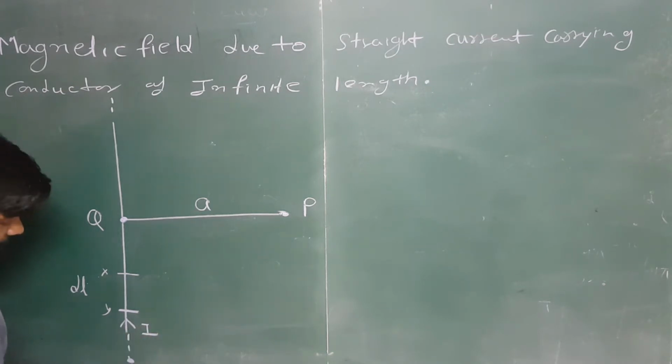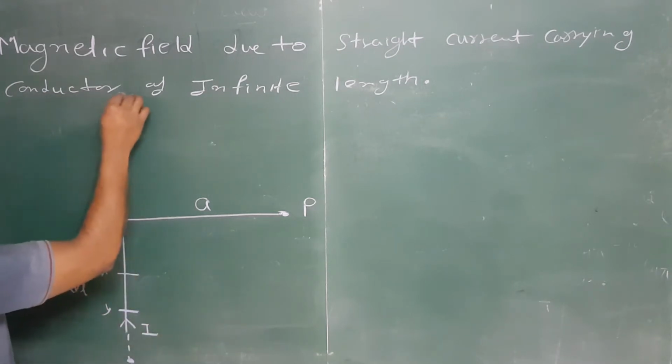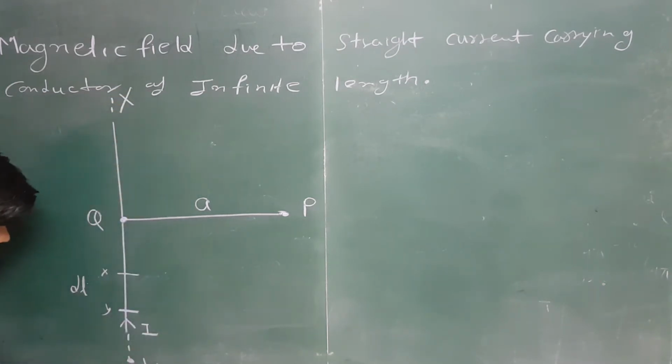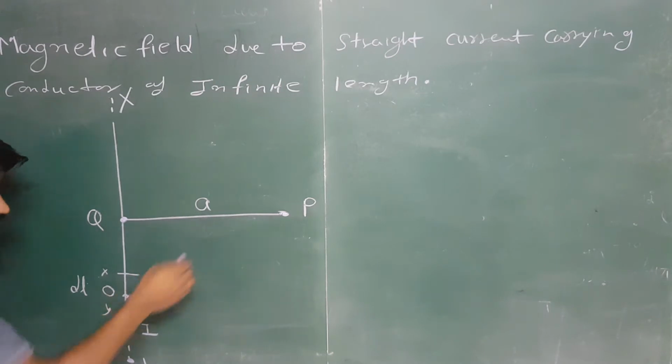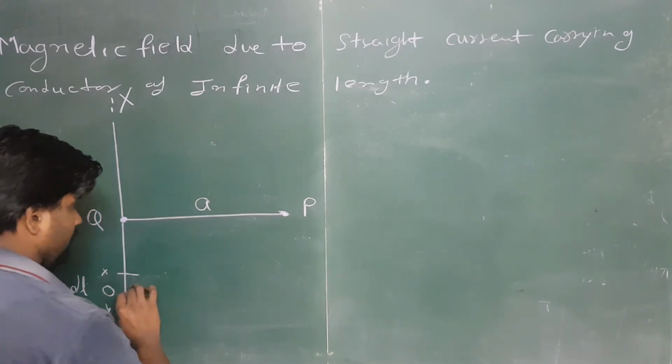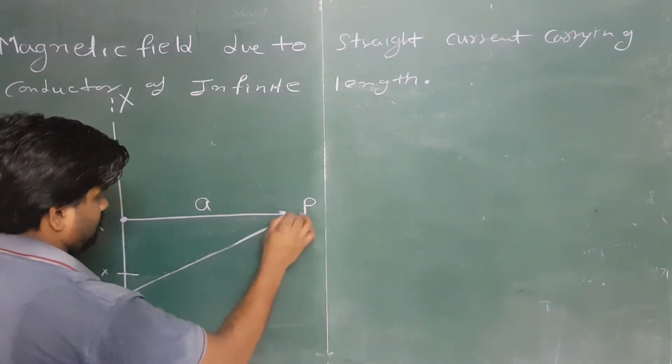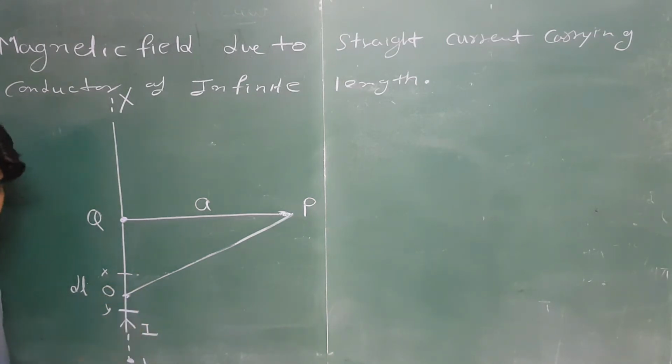Okay, and this point you can take as the x, and you can take this as the y. The center of this small element can be here. Say this is the point O, right? I draw one line in the direction from O to P like this. Okay, and I can take another chalk.